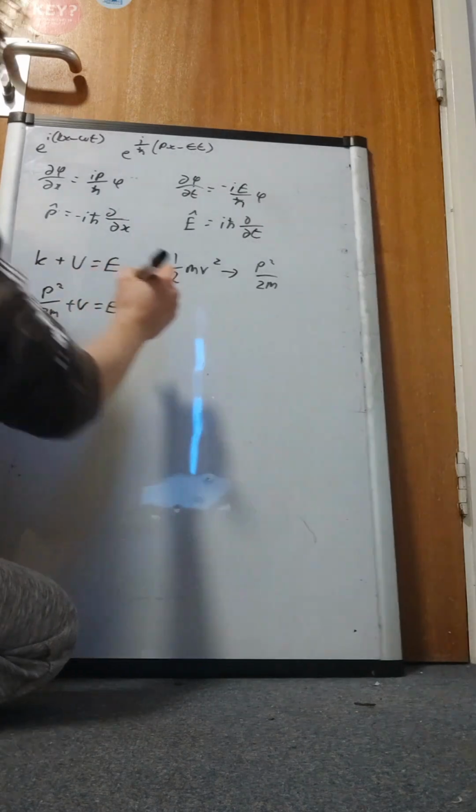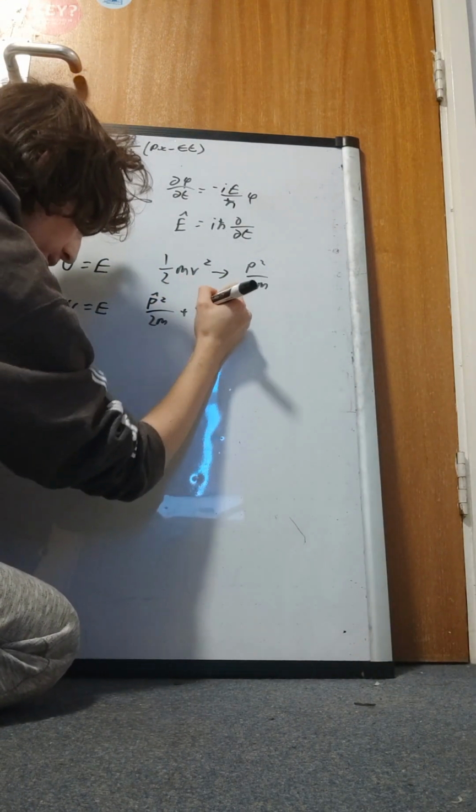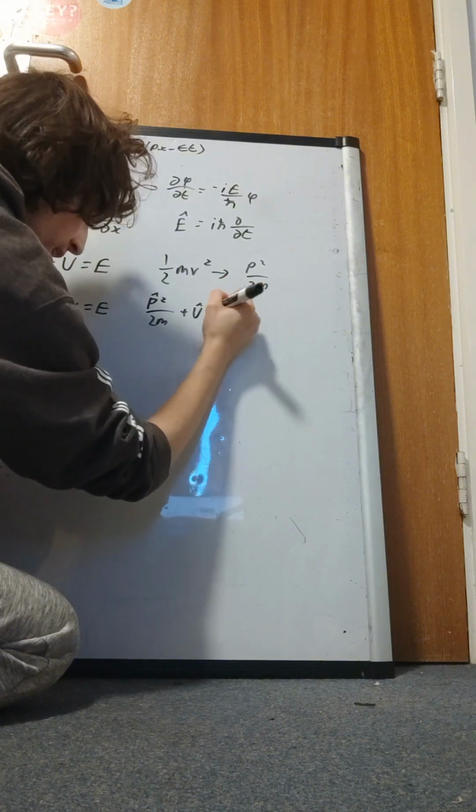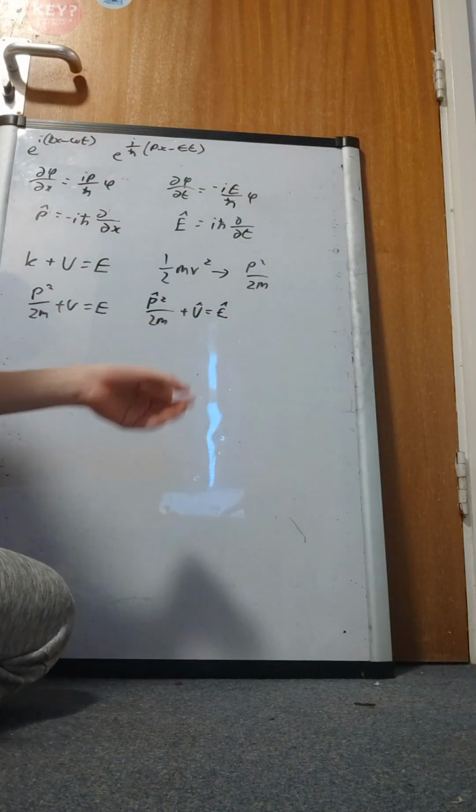So this becomes p̂²/2m plus this potential operator V̂ equal to Ê. Now we haven't defined V̂, but we'll leave it as that.